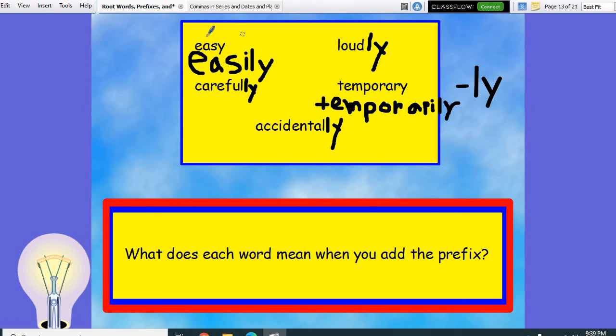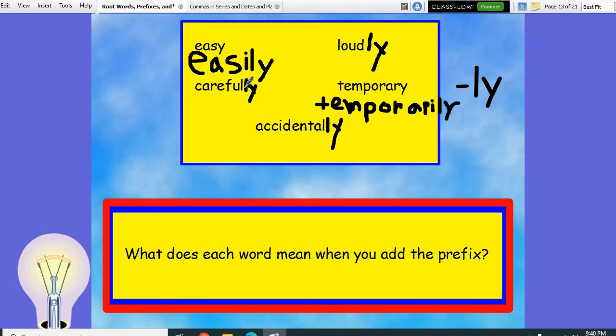Remember, if you're doing something easily, that's the way you're doing it. You're doing it easy. Carefully means you're doing it in a careful way. Like if I said, please go take that bomb and lay it on the shelf. I don't know why you'd have a bomb, but you'd probably want to carry it carefully because it might explode.